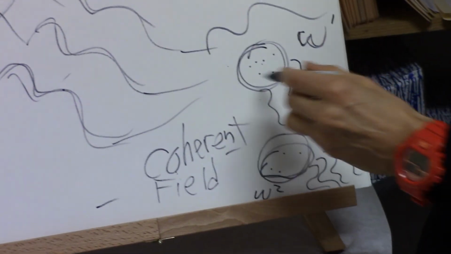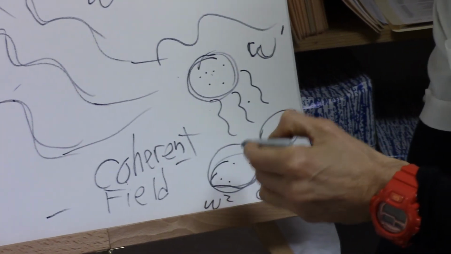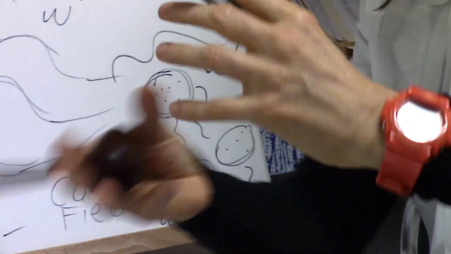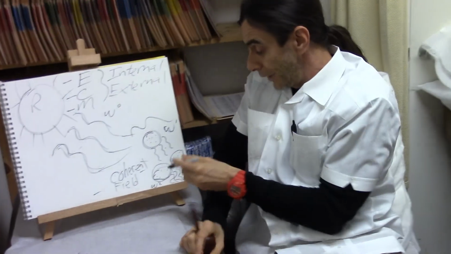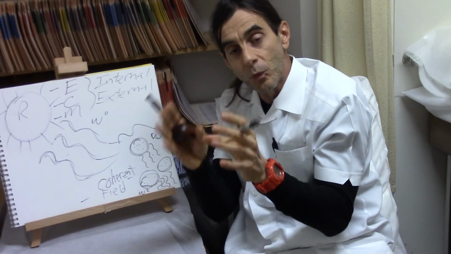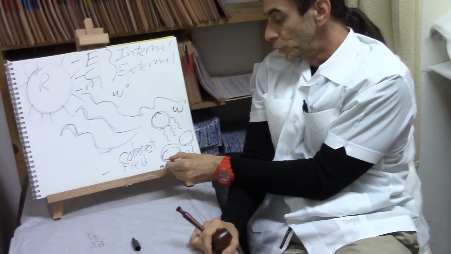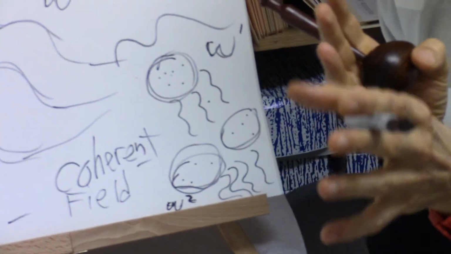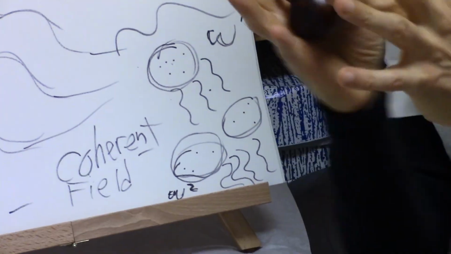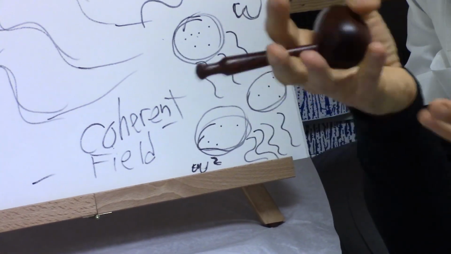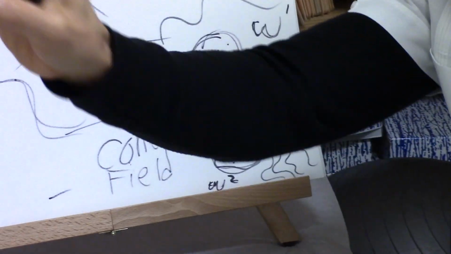The more cells in the community start to communicate with each other, it will start to produce a different type of waveform which will spread throughout the body. We'll call that W2, because the waveform is now different, because each cell is communicating with the other cell, and that is causing a different configuration of the waveform as it travels through the body.